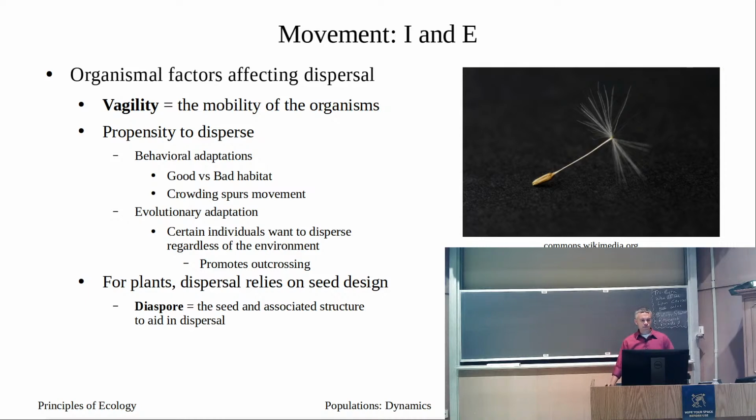Second factor is this propensity to disperse. All right, this is also organismal. Now, this is kind of broken down into both behavioral and evolutionary adaptations. All right, so the behavioral adaptation is our ability to assess the environment itself, assess the habitat.